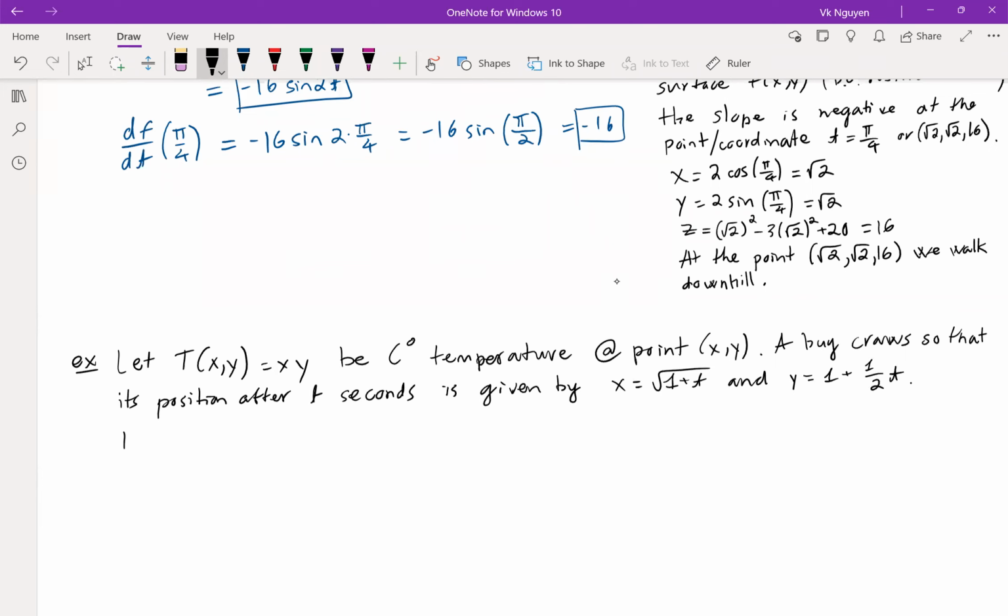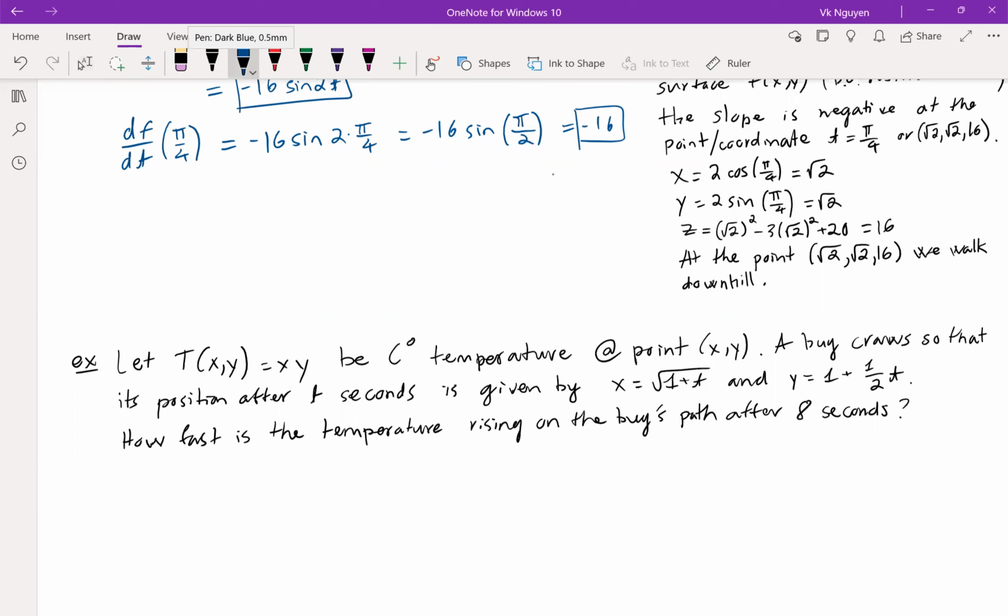How fast is the temperature rising on the bug's path after 8 seconds? Why 8? Because 8 looks nice. Then you can do root of 1 plus 8. That is root 9, which is 3. It gives you a nice number.